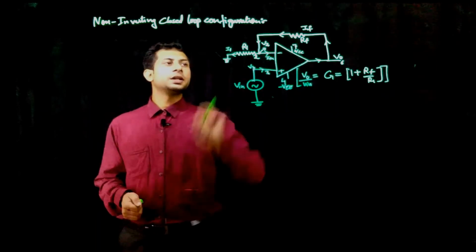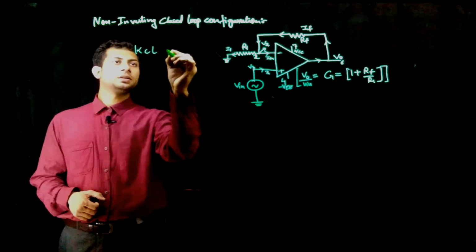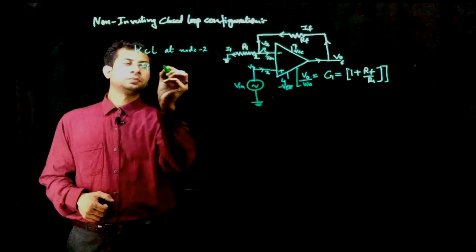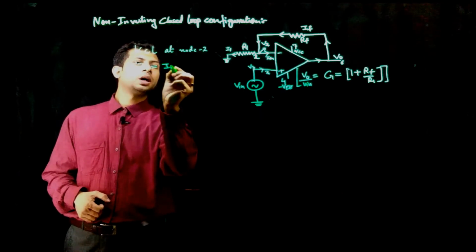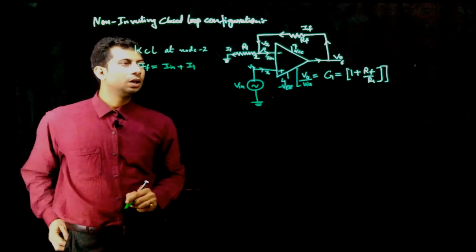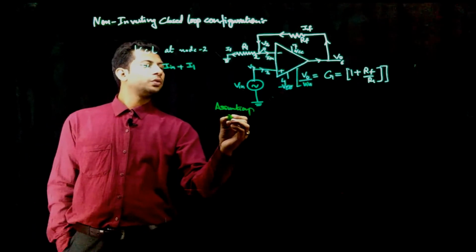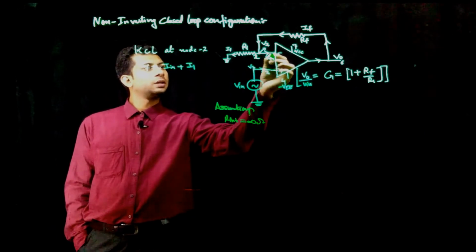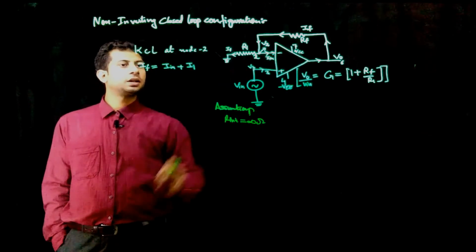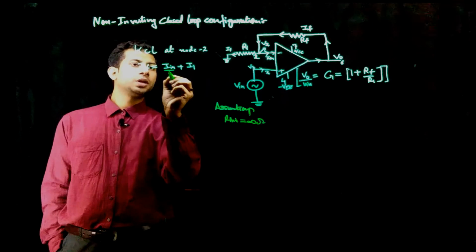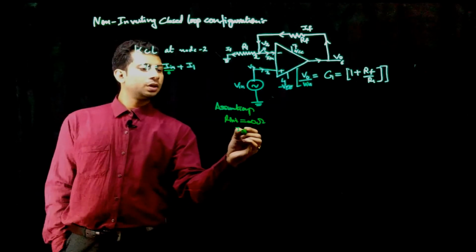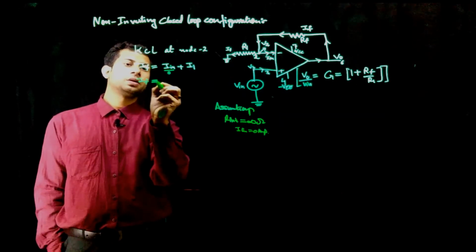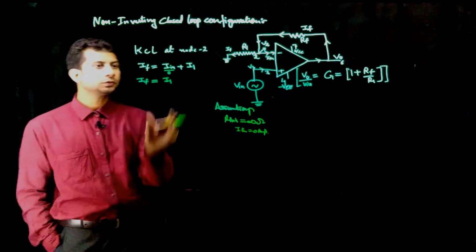Now, by applying KCL at node 2, IF incoming current will be equal to IN plus I1, and due to the assumption of our internal resistance being infinite, ideally there is no current in this branch inside the circuit, and this IN will be equal to 0 ampere, hence IF equal to I1 in this case.